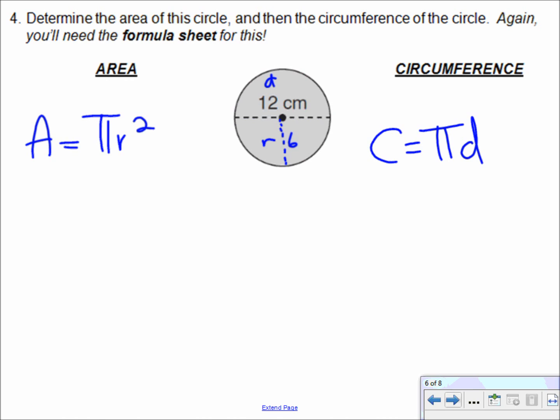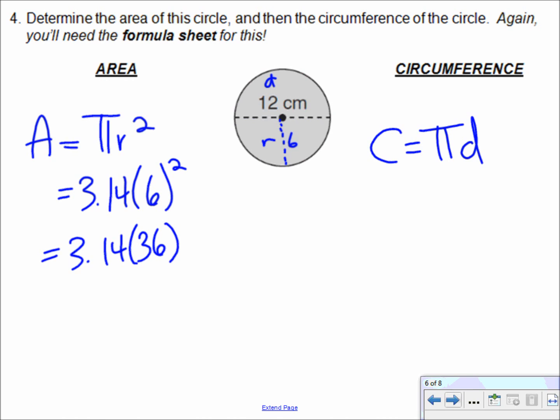Okay? So now if I'm looking at area, I have pi, so I'm going to put in 3.14. My radius is 6, and my radius goes to the exponent 2. Okay, I'm going to break this down. You don't need to, but it would be 3.14 times 36, right? Because 6 squared is 36.